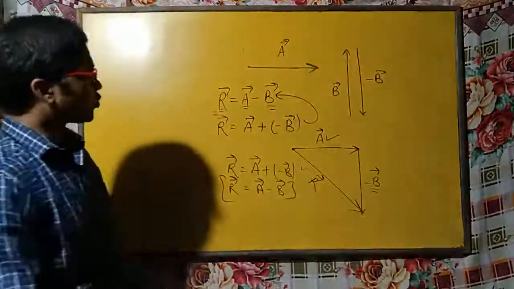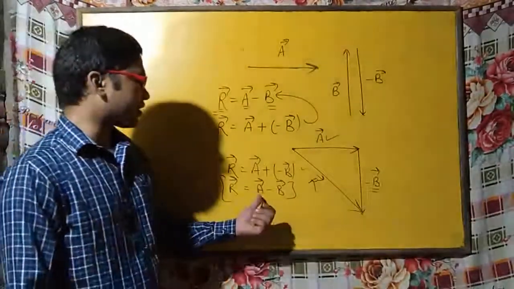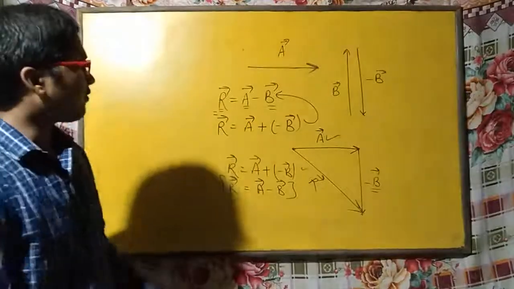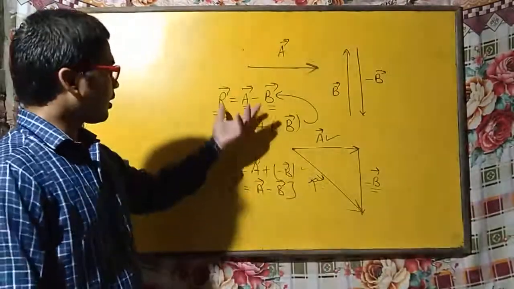Okay, so students, I hope you understand how you can find out the subtraction of two given vectors A and B. It is actually addition of a negative vector with the given vector.